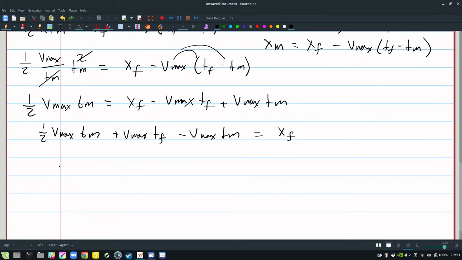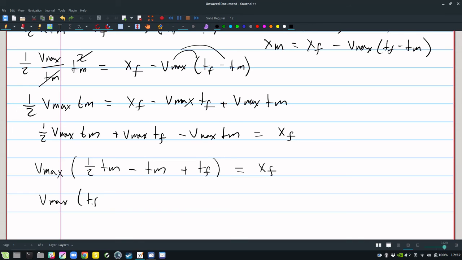Now I can factor v max from all terms on the left-hand side, v max, and you've got 1/2 tm minus tm plus tf, and then you get xf over here. A half tm minus a full tm is negative 1/2, so v max times tf minus 1/2 tm, like that.